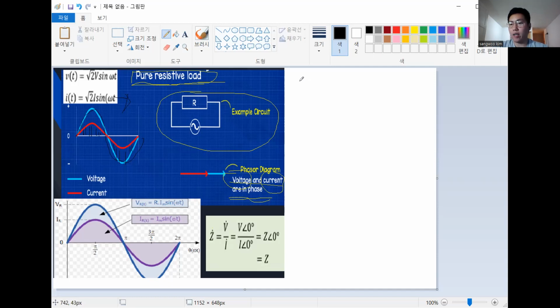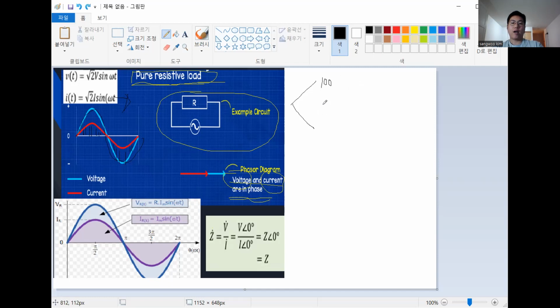There are two ways to express a phasor. One is polar coordinates, for example 110 degrees, and another is a complex number, like 10 plus 100j.